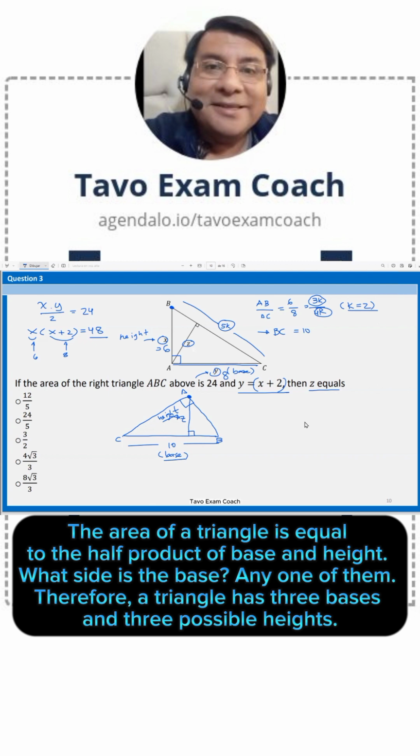So, if you multiply the length of the base by the length of the height, and divide by 2, you also get the same area of the triangle, 24. From this, you get that z must be 24 over 5.